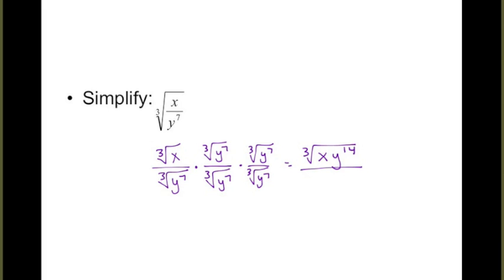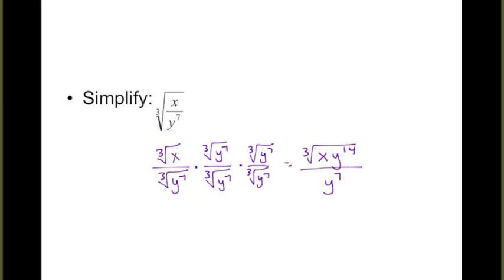On the bottom, what do I get? Y to the 7th. When we multiply 3 cube roots, they cancel to leave whatever was underneath. So since there was a y to the 7th underneath, that's what's left now.